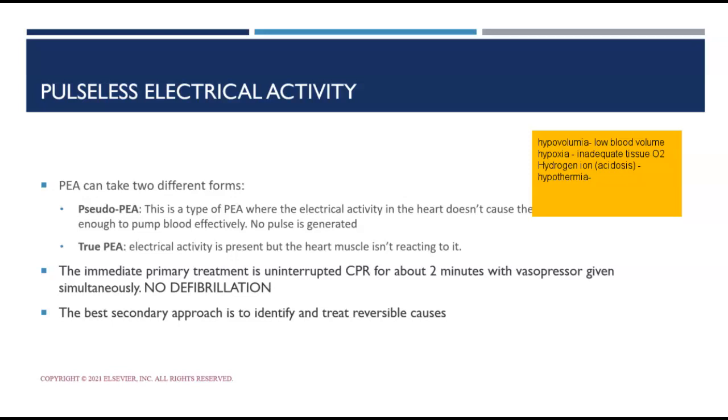Hypo or hyperkalemia. This needs to be corrected because potassium is a main electrolyte that affects heart function. So if you have hypo or hyperkalemia, that can cause cardiac arrest.